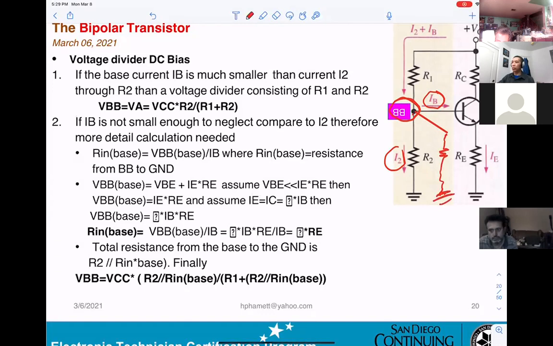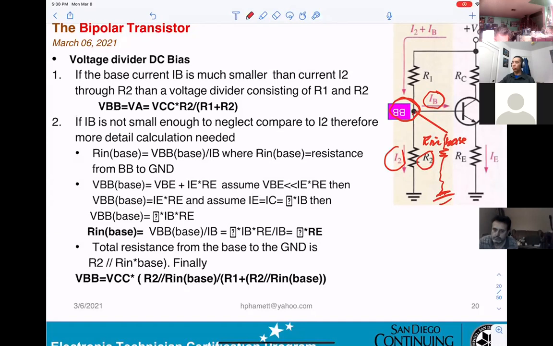That's what they call R in base. So if you calculate the R in base here, that will tell you R in base and R2 in parallel. So you have to calculate that combination before you can calculate the voltage divider. And we already showed you here.